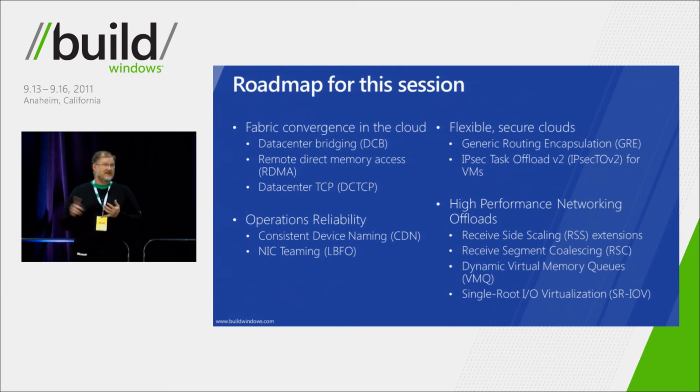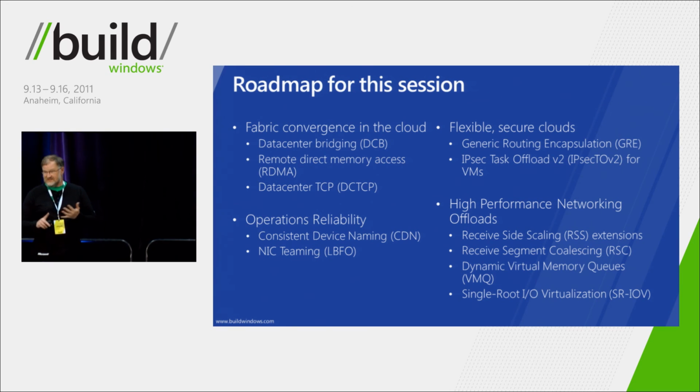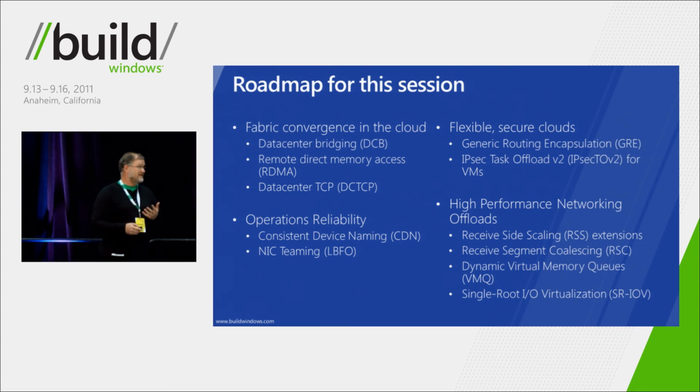And then Michael Nanical is going to give us a demo of the new NIC teaming interface and what it can do. We're going to talk about flexible and secure clouds. We're going to cover GRE, IPsec task offload. And finally, we're going to get into 4 high-performance networking offloads: RSC, RSS, Dynamic VMQ, and SRIOV. Think this is enough for one session?